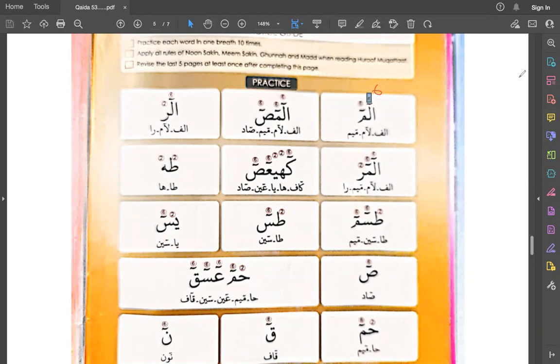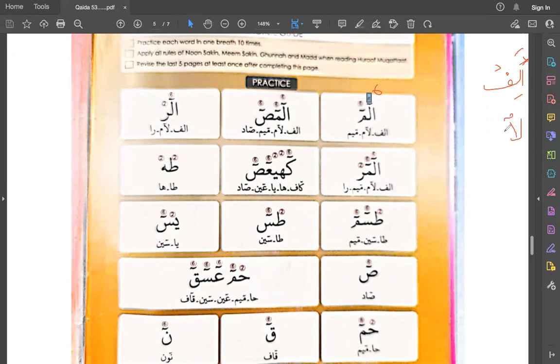Like we are saying it like this. Alif, alif. It will get hums. Lam.